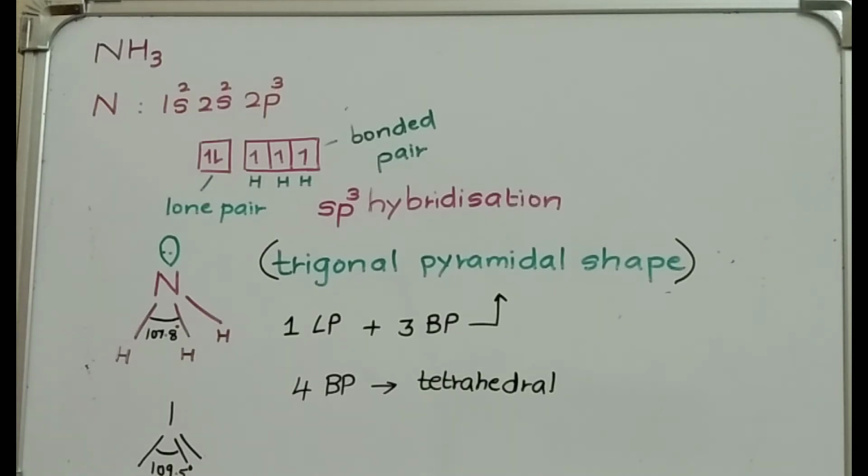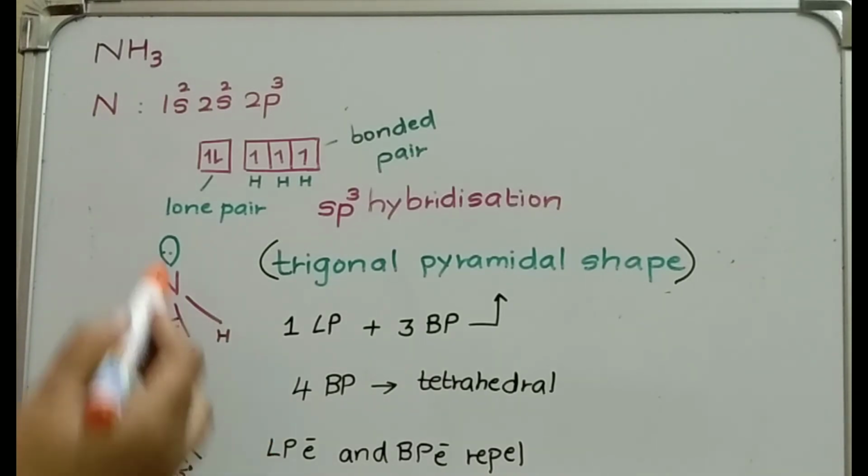And the reason is lone pair electrons and bond pair electrons, they repel. Lone pair electrons and bond pair electrons are repelling, correct. Now check where the lone pairs are, where they will repel. Where is the lone pair? Here, correct.